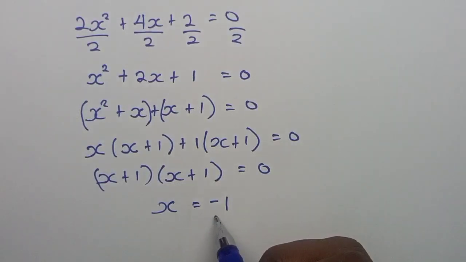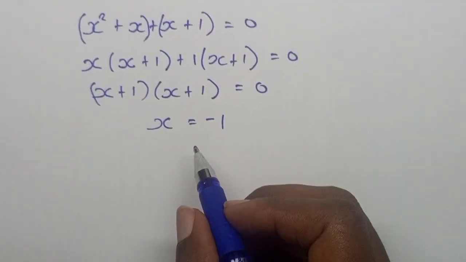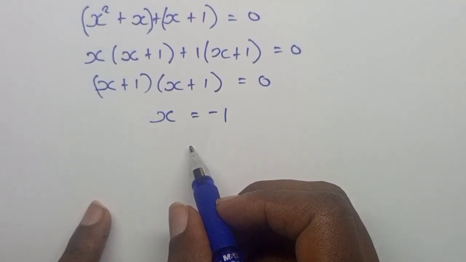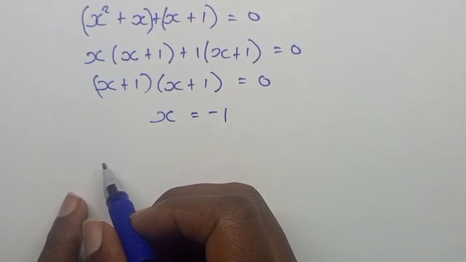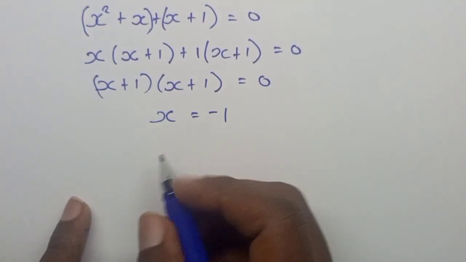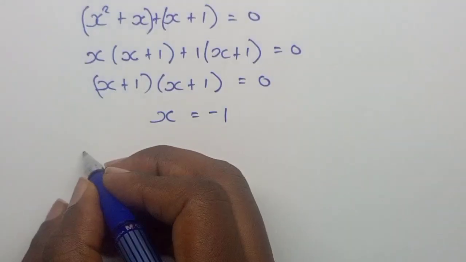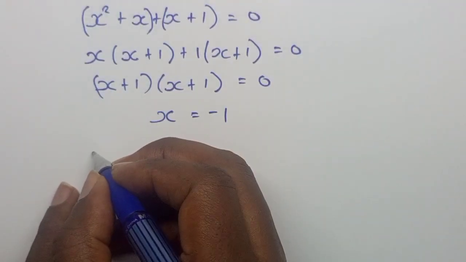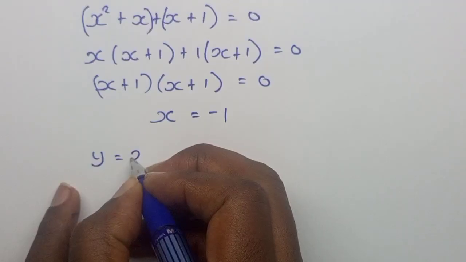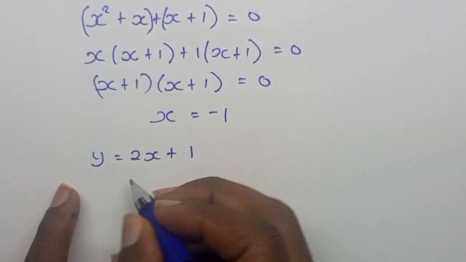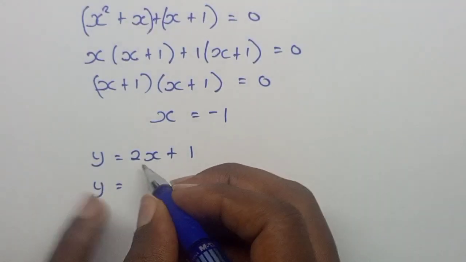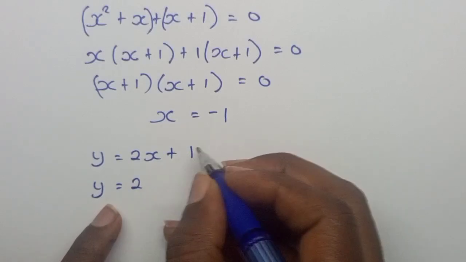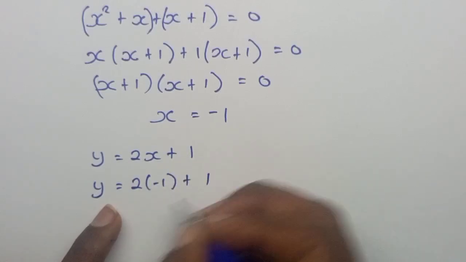Now, since we've got the x coordinate, we need to substitute this x value into the equation of the line, or the linear equation, so that we find the y coordinate. y was equal to 2x plus 1. This was the equation of the line. So y is equal to 2 times -1 plus 1.